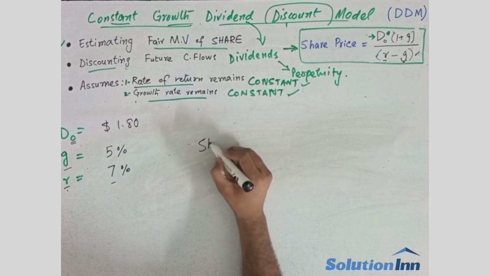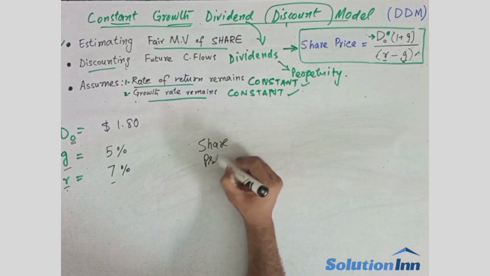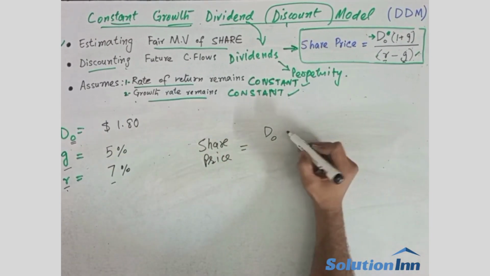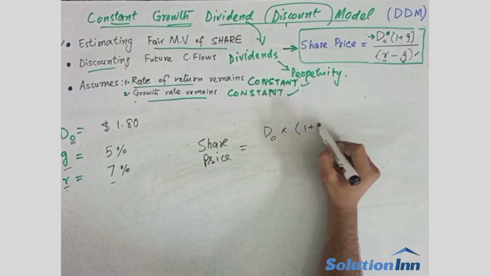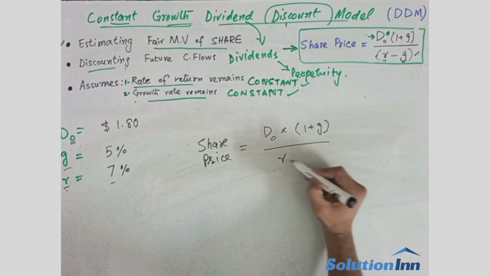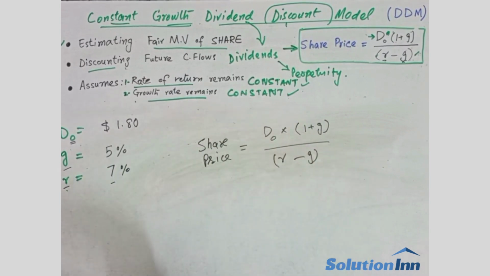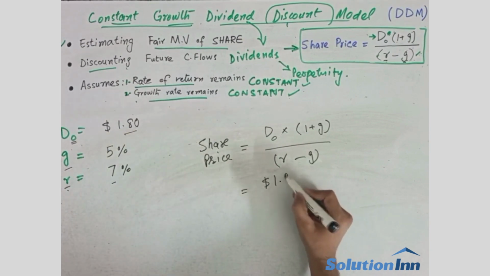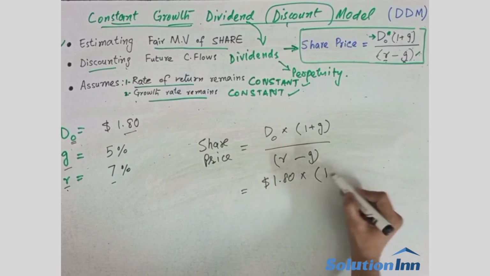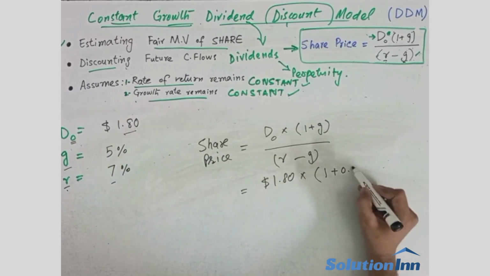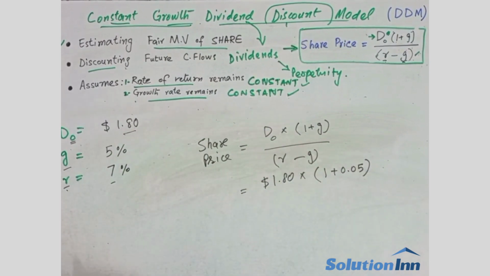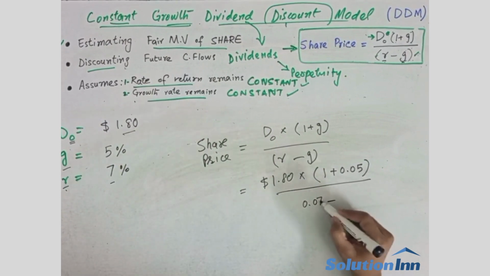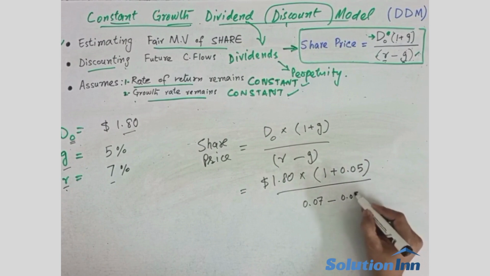So with these calculations, let's apply this formula to calculate the share price that a company can offer. So share price would be D naught, 1 plus growth rate, over R minus G. So we have D naught 1.8, and we have 1 plus growth rate of 5%, 0.05, over 7%, 0.07 minus 0.05.